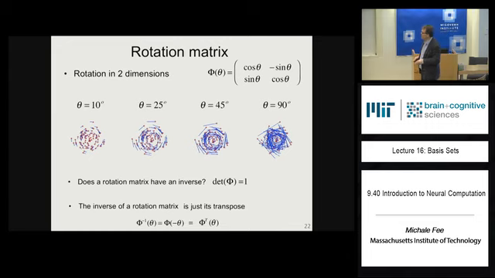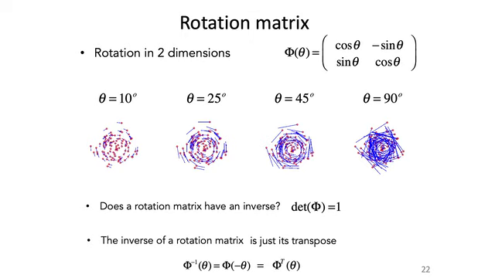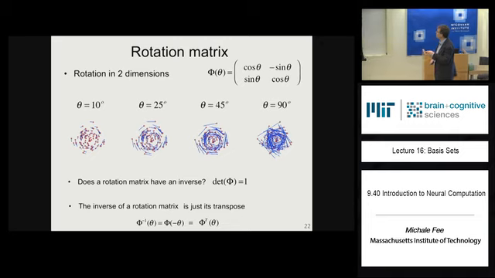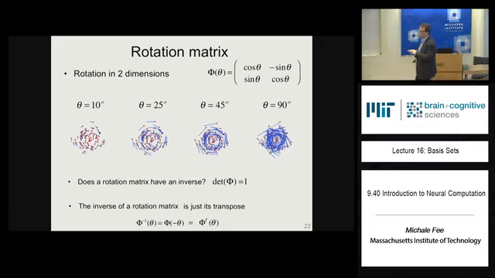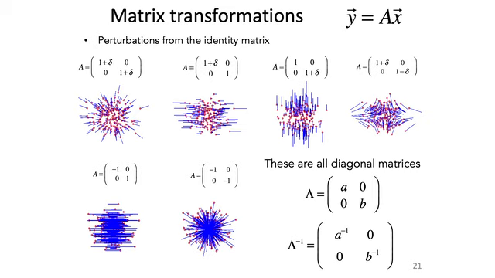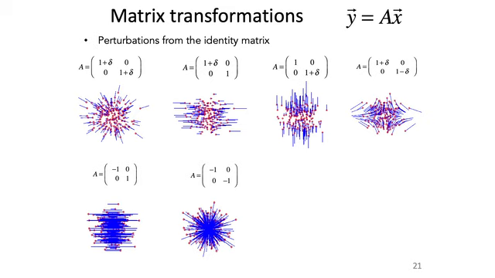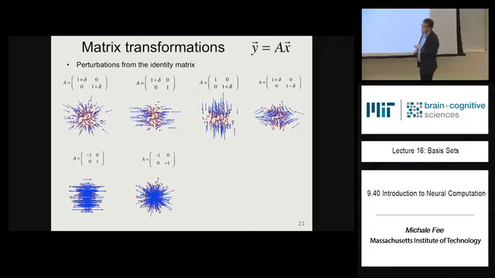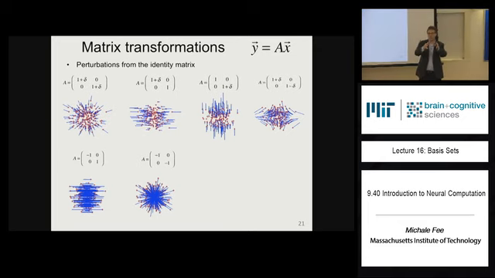And we also talked about how, for a rotation matrix, the inverse is also equal to the transpose, and the reason is that rotation matrices have this anti-symmetry where the off-diagonal elements have the opposite sign. One of the things we haven't talked about is, so we talked about how this kind of matrix can produce a stretch along one dimension or a stretch along the other dimension of the vectors.